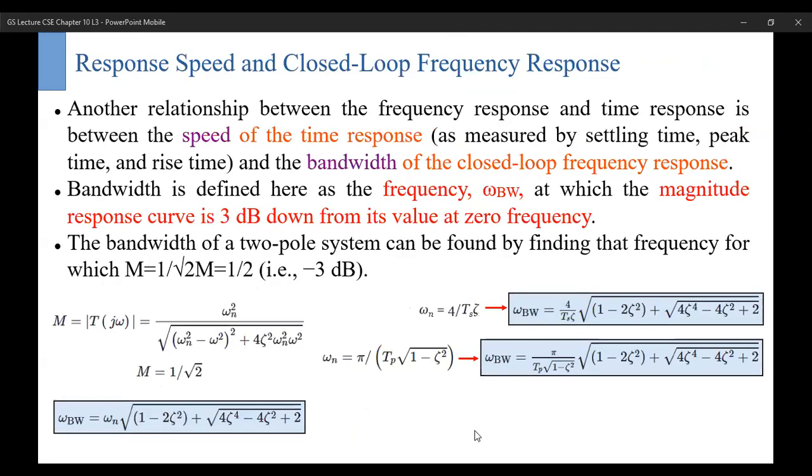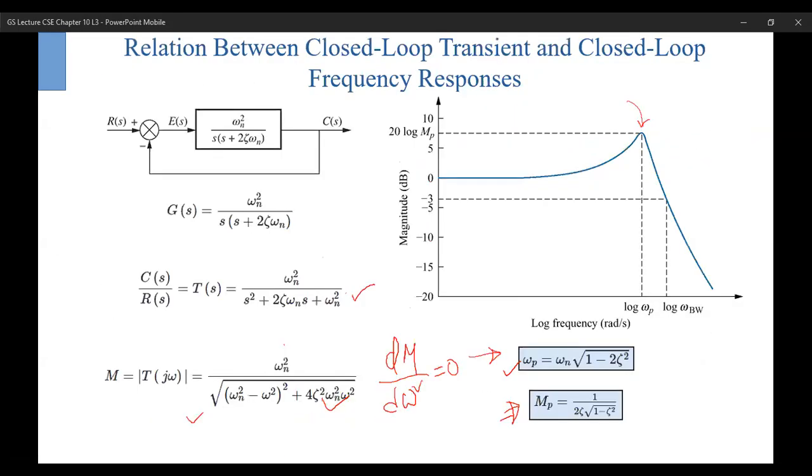Now the next one is the relation between the speed and the closed loop frequency response. For this one, whether you have noticed or not, from the first figure here, there is one parameter we haven't discussed, this parameter. This is what is called bandwidth, and this is what is called the resonance frequency or peak frequency. So what is bandwidth?